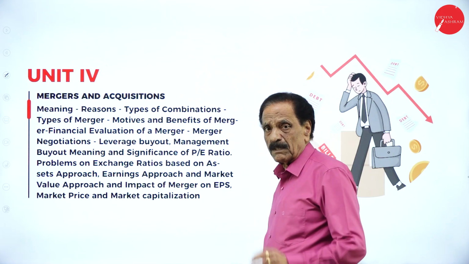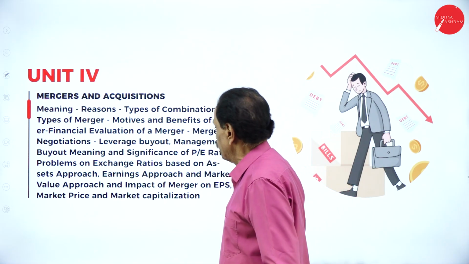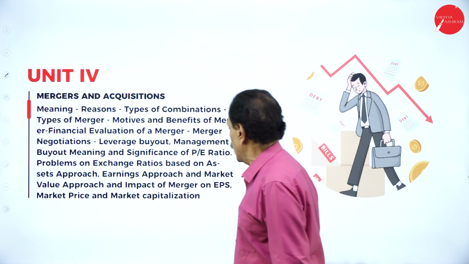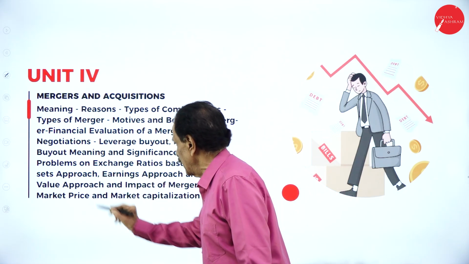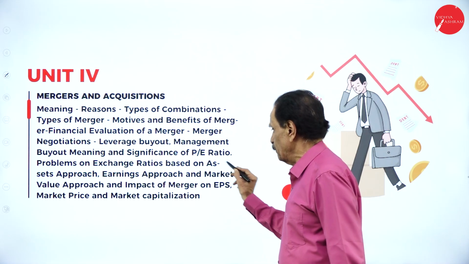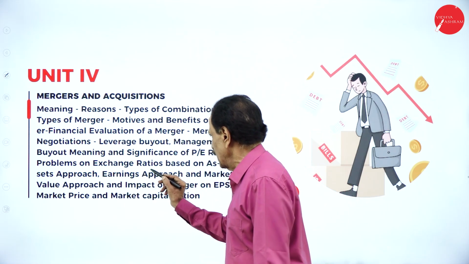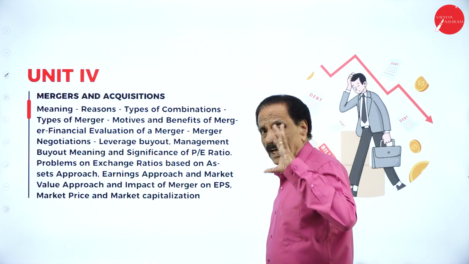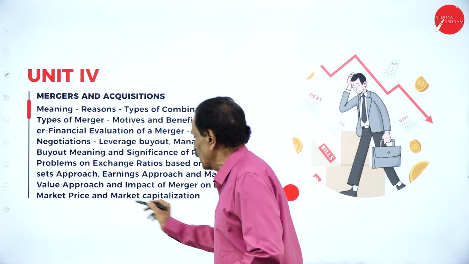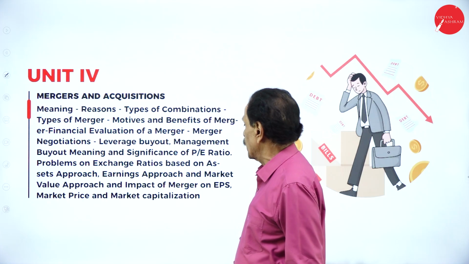This PE ratio means price earning ratio. Problems on exchange ratio based on assets approach, earning approach and market value approach. And we are going to calculate the impact of merger on EPS, market price and market capital.